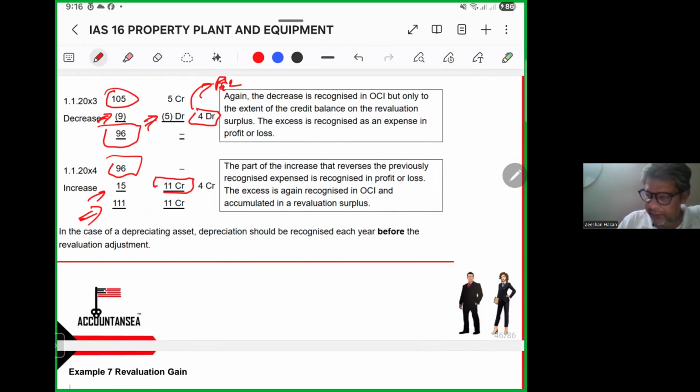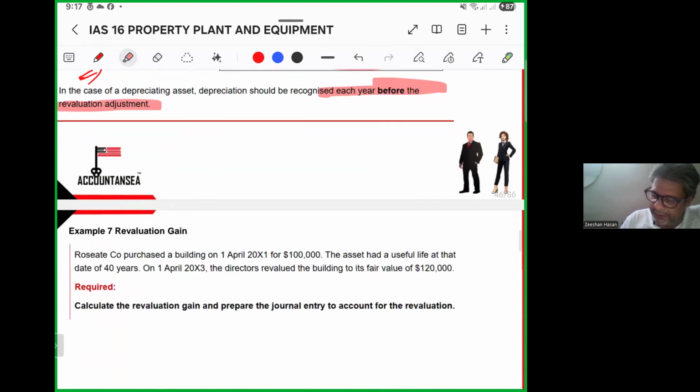So the part of the increase that reverses the previously recognized expense goes to profit and loss, and the excess is again recognized in OCI and accumulated in revaluation surplus. In the case of a depreciating asset, depreciation should be recognized each year before the revaluation adjustment. So first you will recognize the depreciation and then you will perform the revaluation adjustment. I hope it is clear till here.